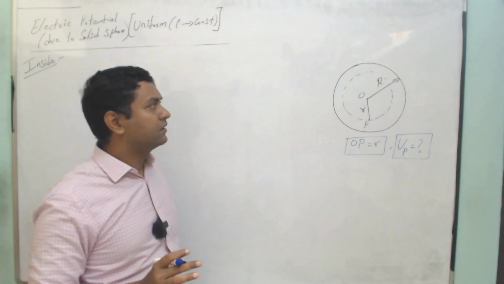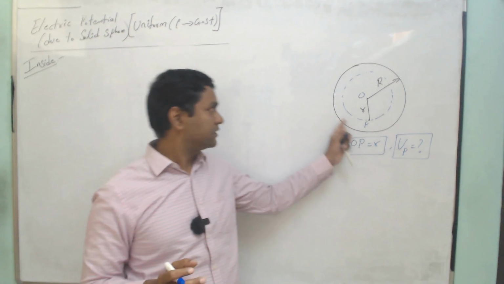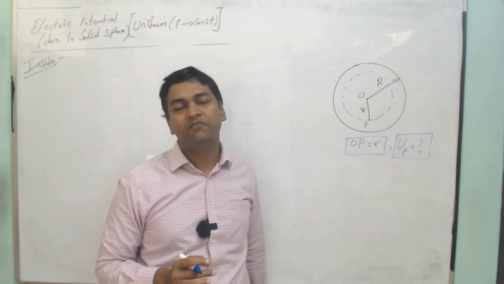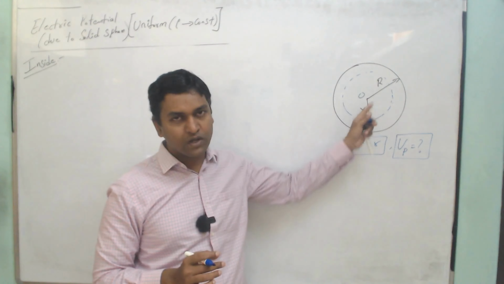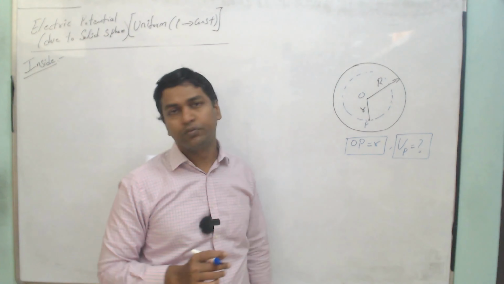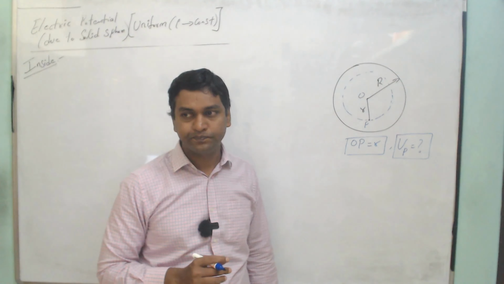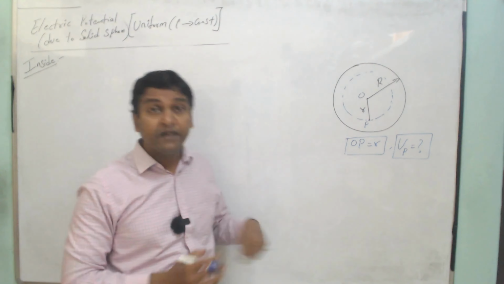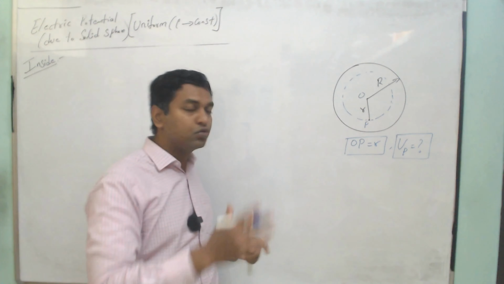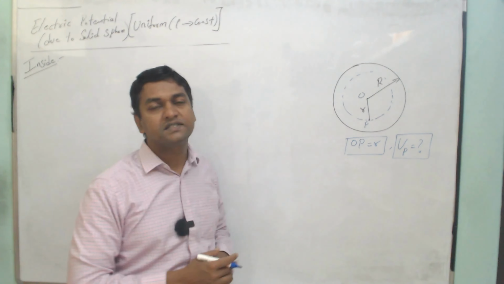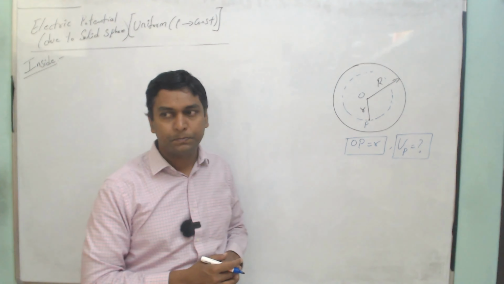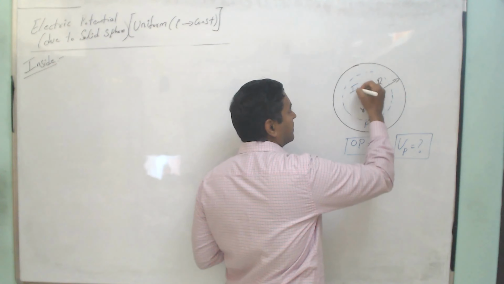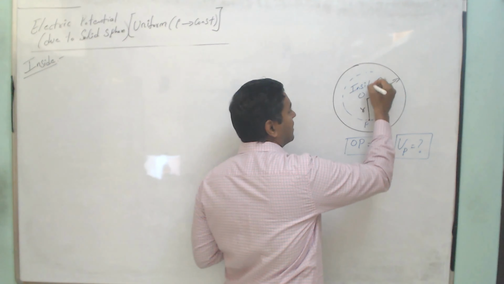Next, I drew an imaginary sphere using these dotted lines, a concentric sphere with O as the center passing through P. This imaginary sphere will divide my bigger sphere into two different sections. One section is this inside section and the other section is the outside section.